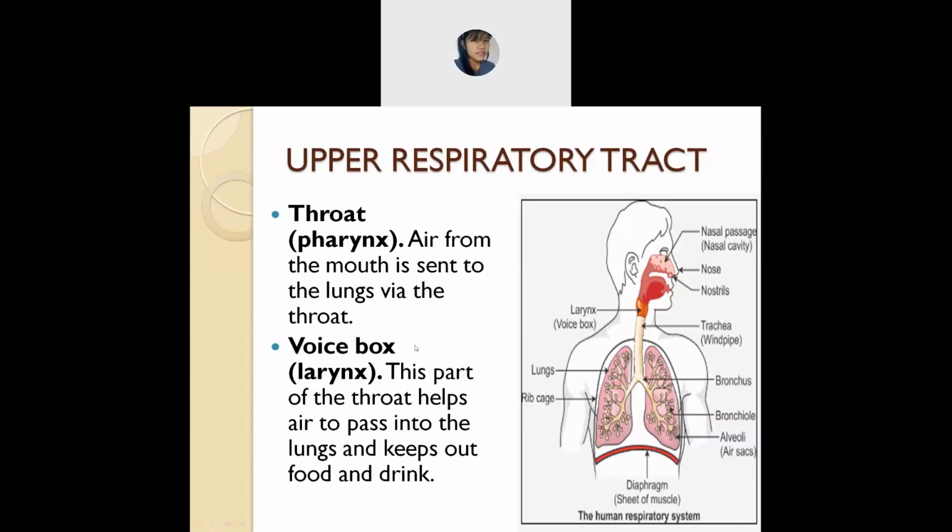Okay, so this larynx, what does it do? It helps the air go into the lungs. And it keeps things out, not exactly avoid, but whenever you drink or eat something, the larynx will stop it so that it won't enter into the lungs.